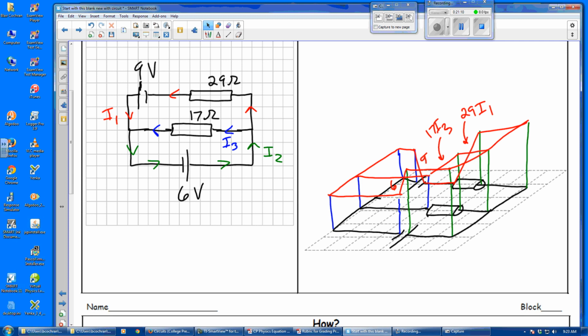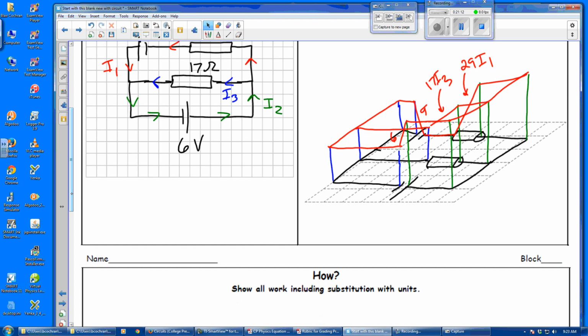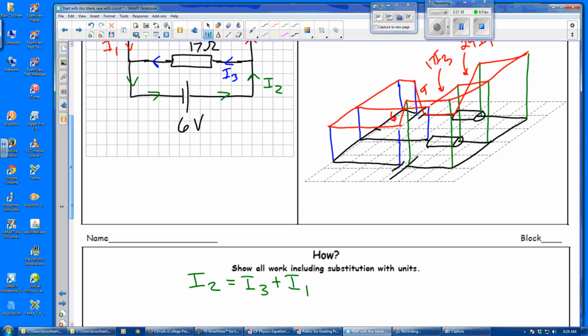My one unique equation will be that I2, I'm doing the right-hand junction, I2 equals I3 plus I1. That's the beauty of addition. Order doesn't matter.